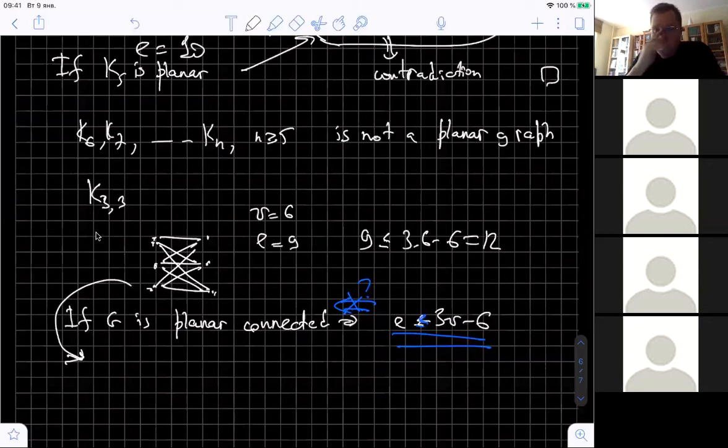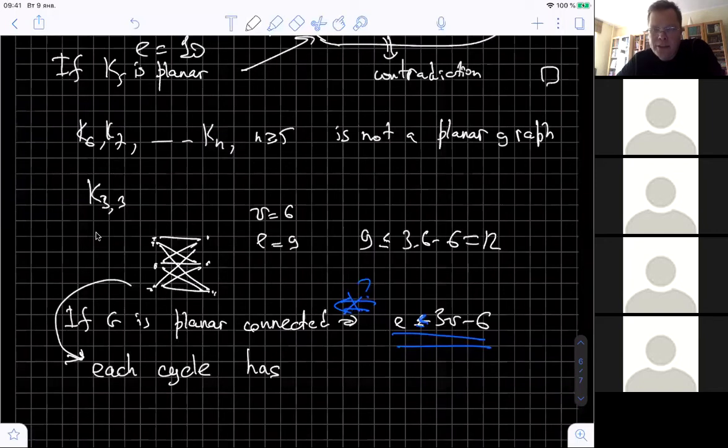This graph has a different structure: if it is planar, then each face will be bordered by the edges of a cycle. So how many edges can a cycle of this graph have?